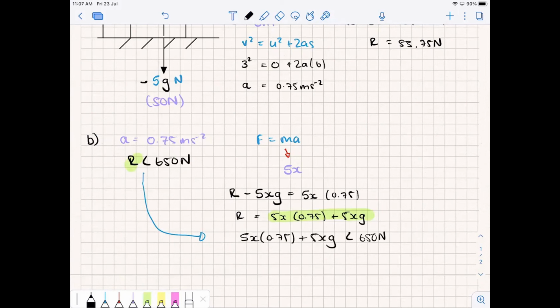I'm going to replace the gravitational constant with 10 and multiply 5 by 0.75. Anybody offhand know what 5 times 0.75 is? It's 3.75.